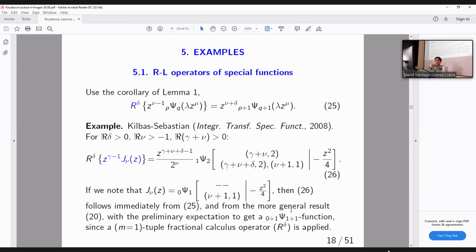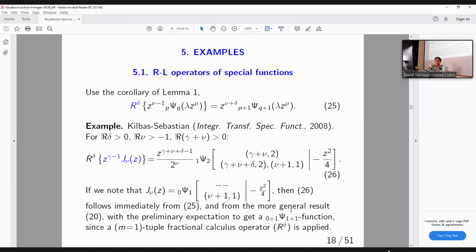We go back to the classical results for Riemann-Liouville operators of special functions. Say this one, that the Riemann-Liouville operator of a p psi q function is a p plus 1, q plus 1 psi function. And in many works of Kiryakova and some other co-authors, such kinds of Riemann-Liouville integrals were evaluated in special cases, for example, of the Bessel function.